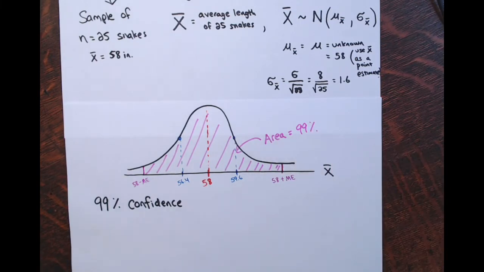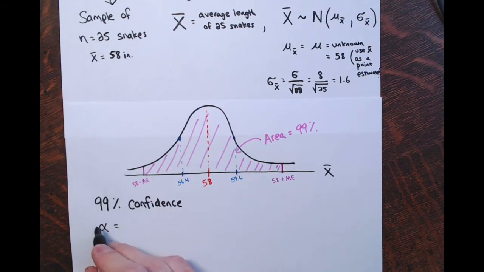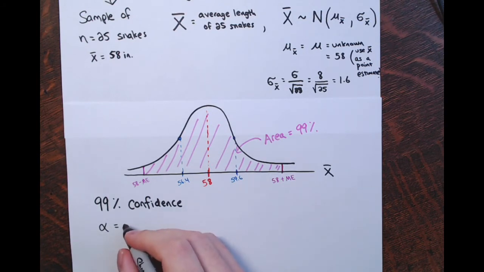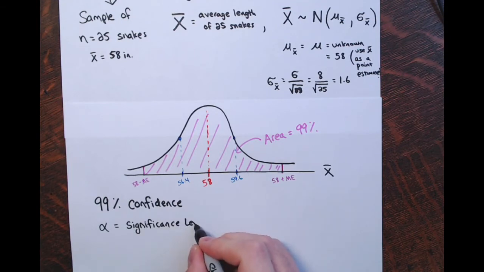Now, another symbol you're going to see is the Greek letter alpha. It looks like a little sideways ribbon. This Greek letter alpha is what's called the significance level. We're not going to worry so much about the words significance level right now.